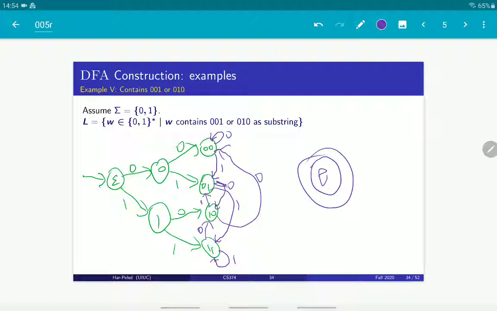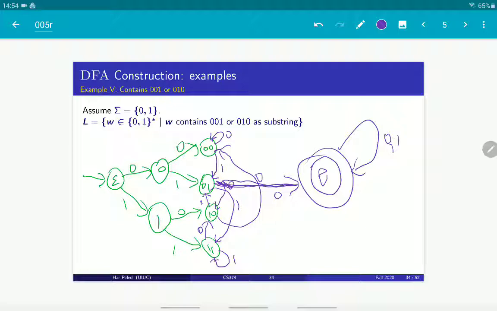And now this edge that was 0 is going to go here. So if we're in 0, 1, we get a 0, we go to accept because we saw 0, 1, 0. The heaven state, of course, if you get 0, 1, we stay there.